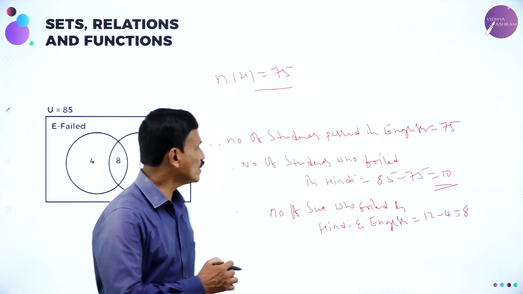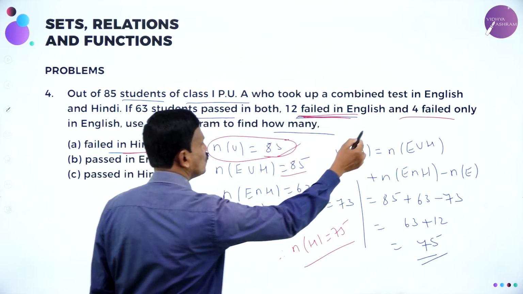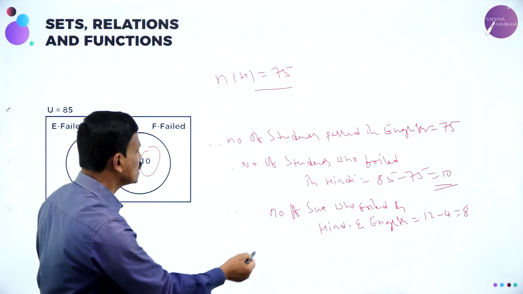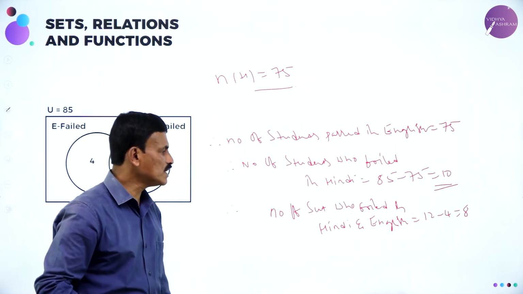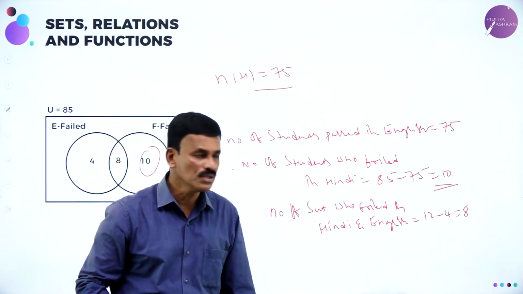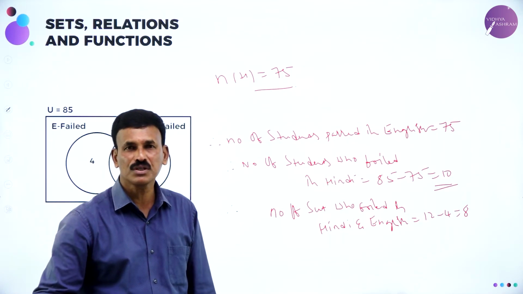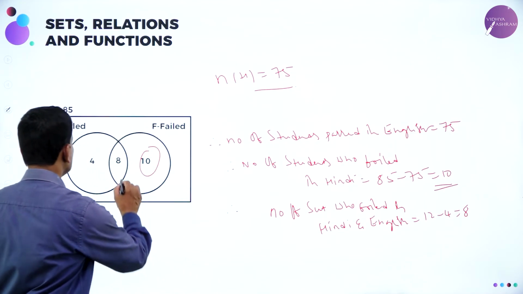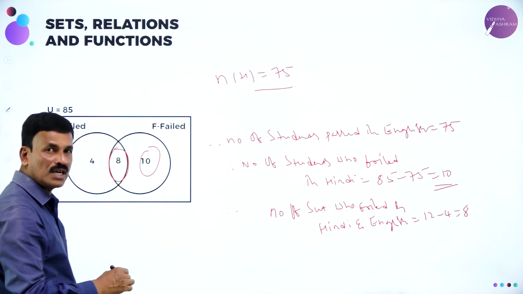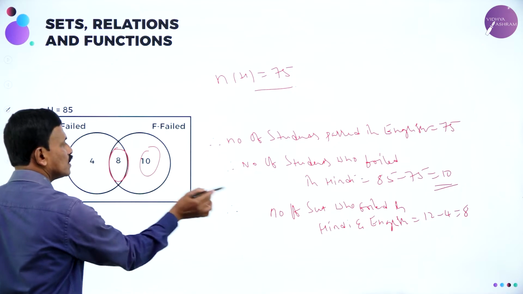Already what is given? 12 failed in English and 4 failed in Hindi. 12 minus 4 is nothing but the number of students who failed in both, that is 8.